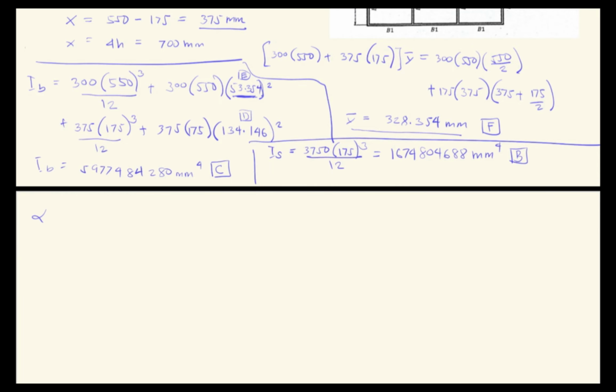Hence, alpha 1 is IB divided by IS equal to 3.569.